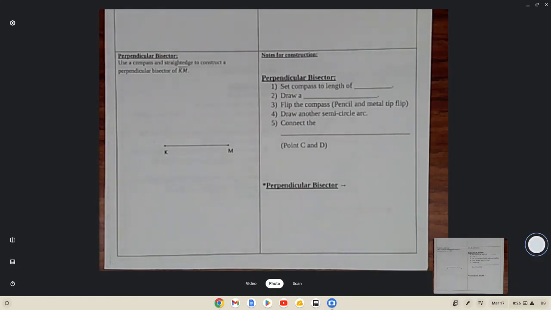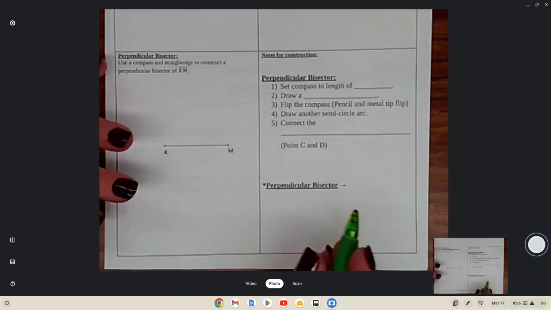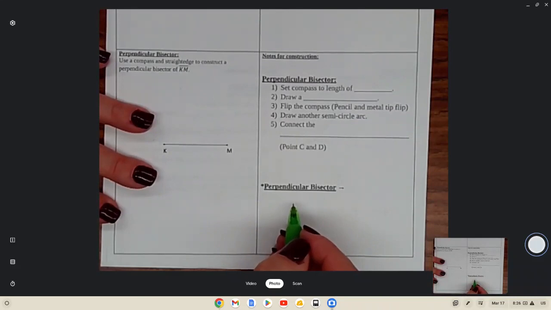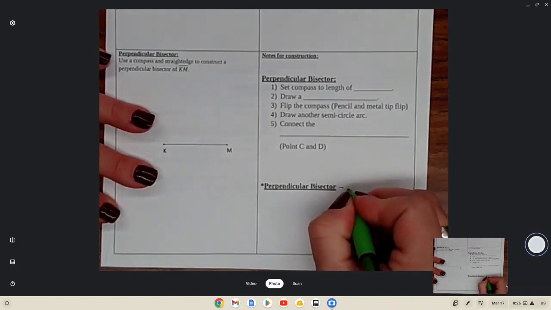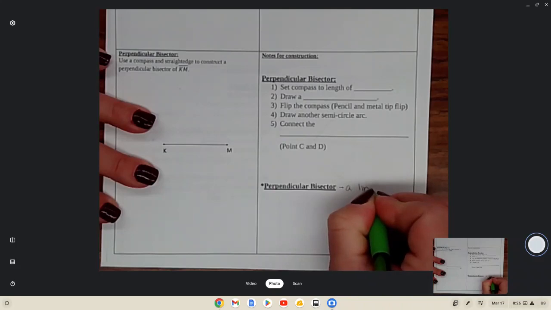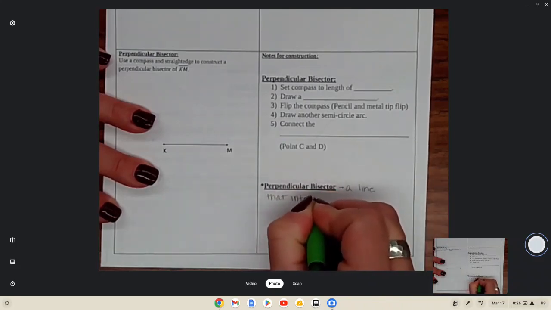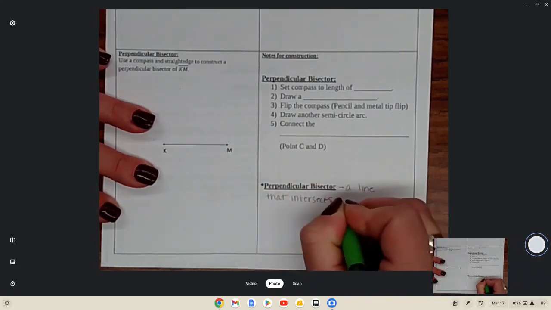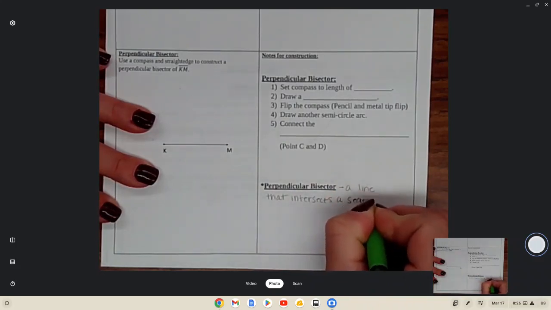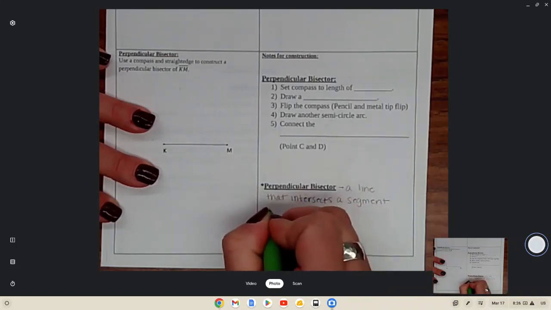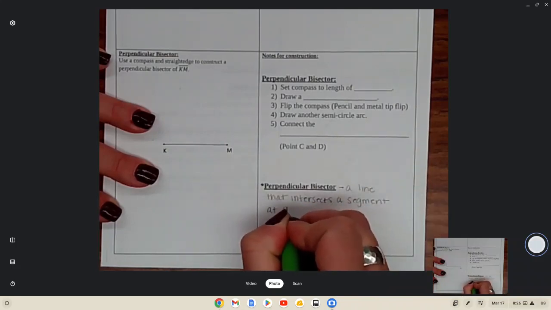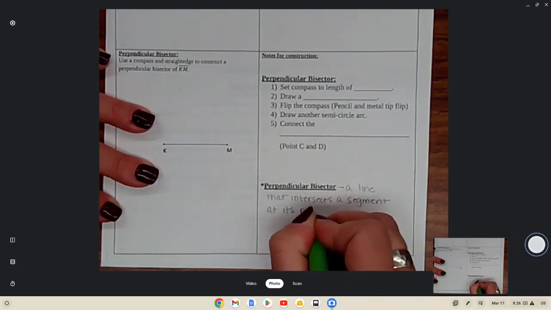All right. So perpendicular bisector. First of all, down here, what is a perpendicular bisector? You know what a bisector is. You know what perpendicular is. So now we're going to put that together. Okay, so a perpendicular bisector is going to be a line that intersects a segment at its midpoint.